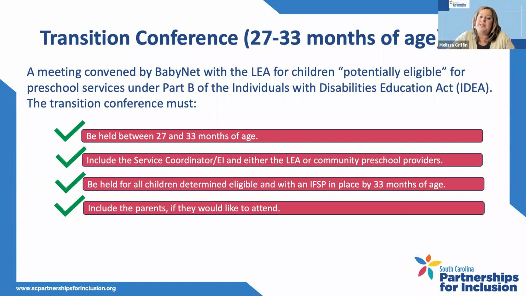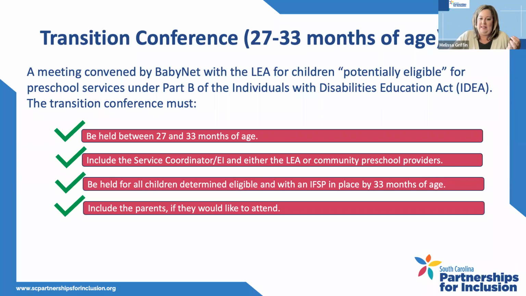So it's important to mention that this is a Part C indicator. So even if the LEA does not participate in this meeting, they will still hold this meeting in order to meet their requirements. That being said, the LEA should be invited to and attend all transition conferences. They can be done by telephone. They can be done face-to-face, virtually, in our Zoom world here.